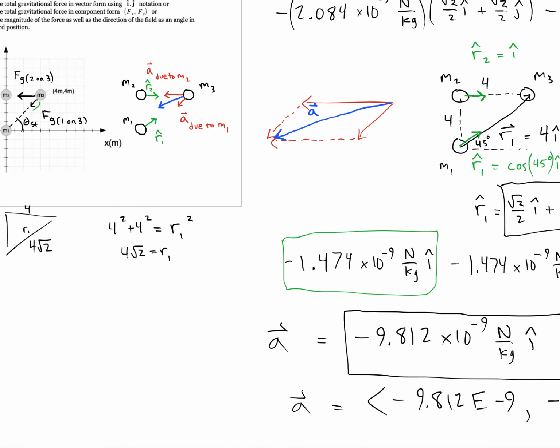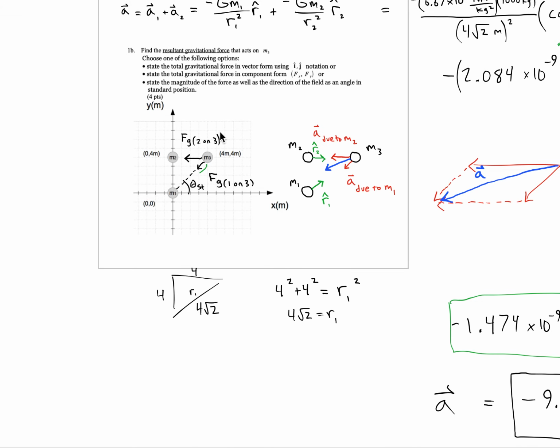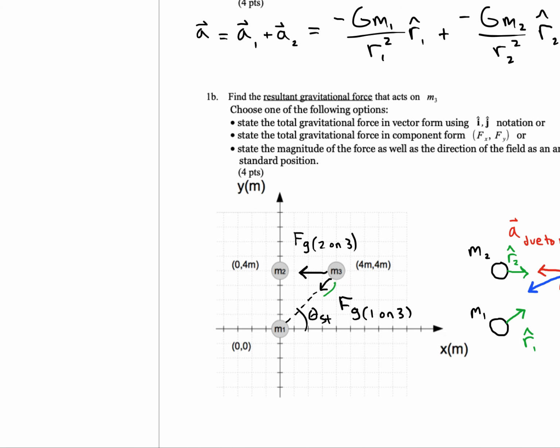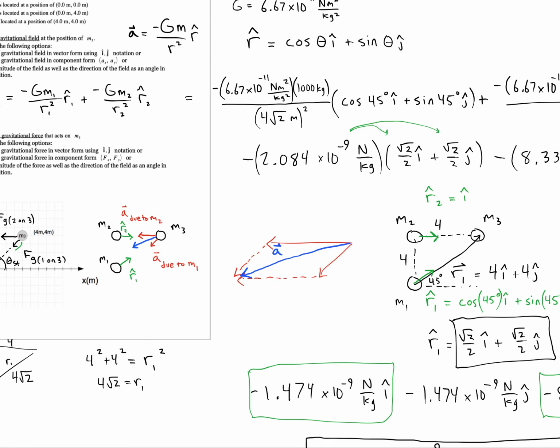So let's look at the next part of it though, which says to go on and find the force. So here we want to find the resultant gravitational force that acts on M3. Gravitational force has a similar formula to acceleration.